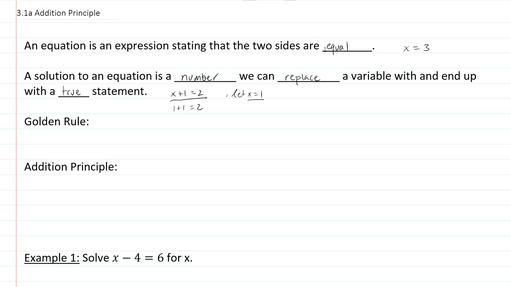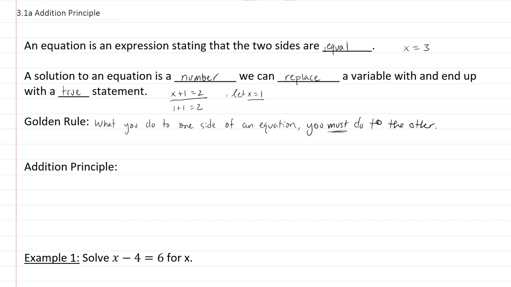And this is what you do to one side of an equation, you must do to the other. For it to remain an equal statement, we have to do equal things to both sides.